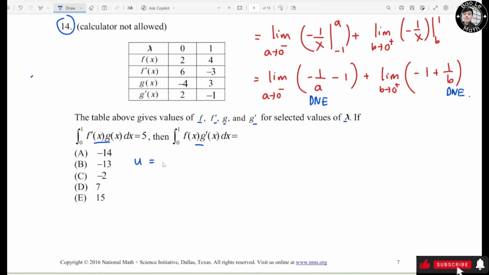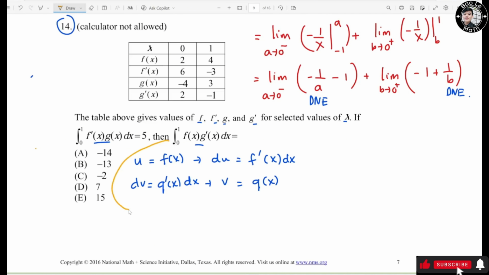Let u be f of s, then du equals f prime of s ds, right? dv equals g prime of s ds, then v equals g of s, right? This guy right here becomes u times v, which is f of s, g of s, evaluated from 0 to 1, minus v du, this guy times this guy, right?